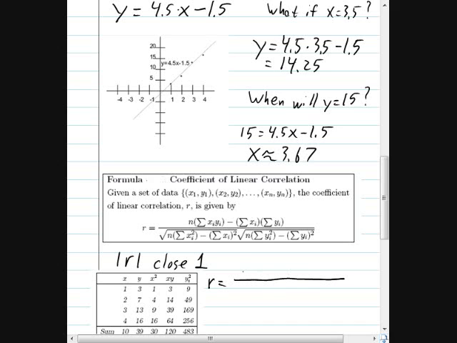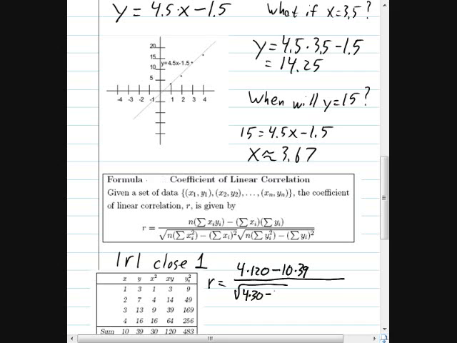In this example, r is equal to n, 4, times the sum of the xy's, 120, minus the sum of the x's, 10, times the sum of the y's, 39, all over the square root of n, 4, times the sum of the x squareds, which is 30, minus the sum of the x's squared.